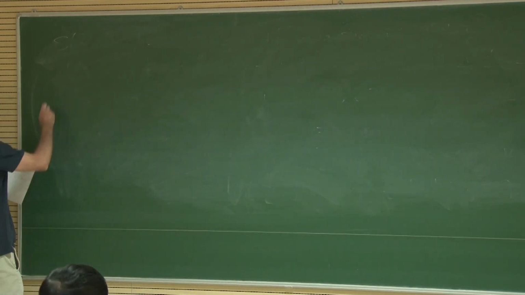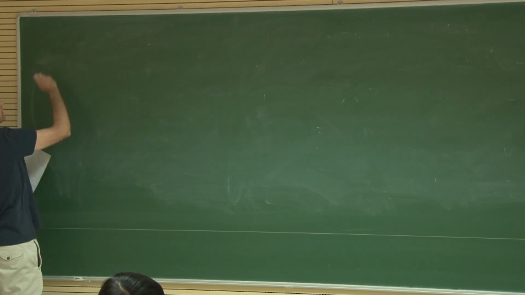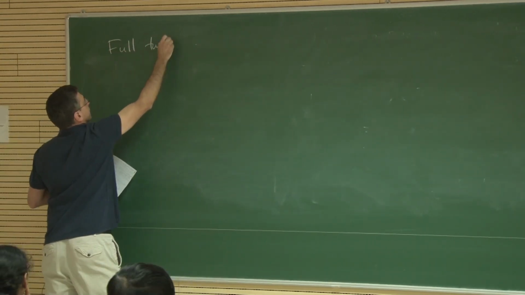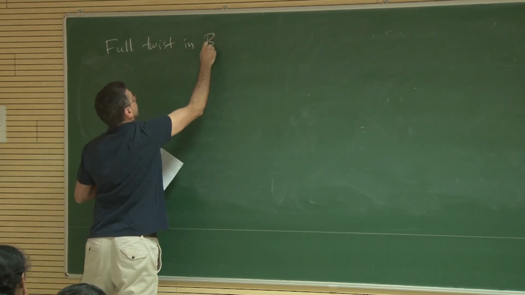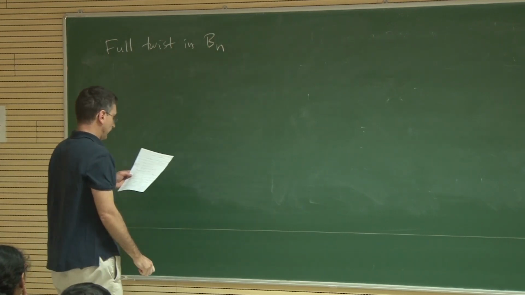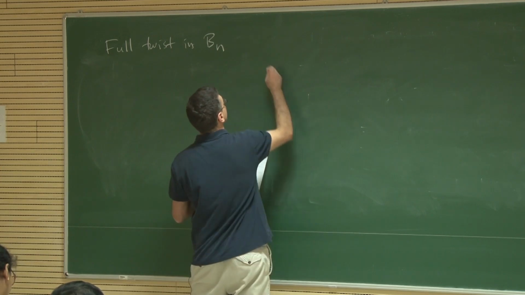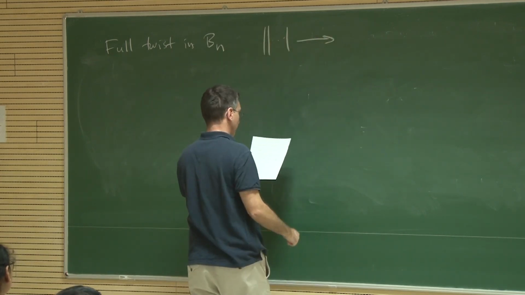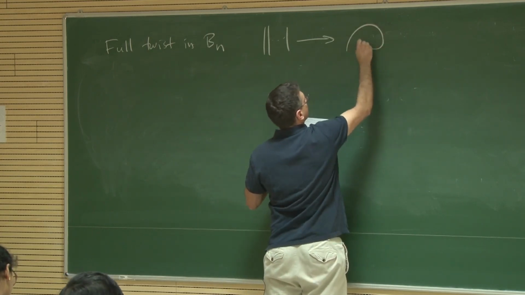Okay. So there's a very important element in the braid group called the full twist. The full twist, sort of pictorially, here's the twisting operation.